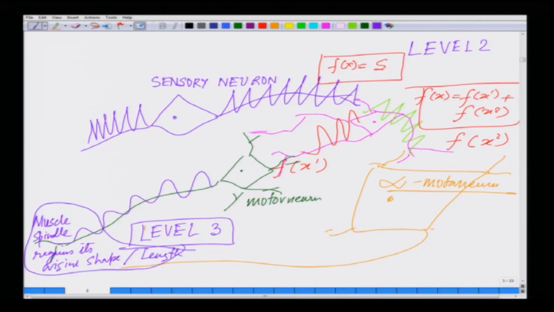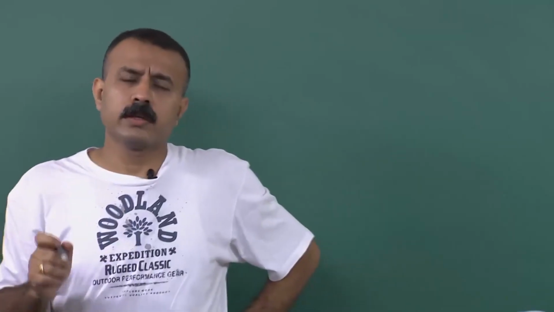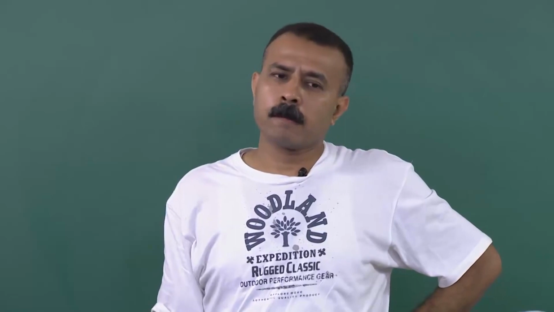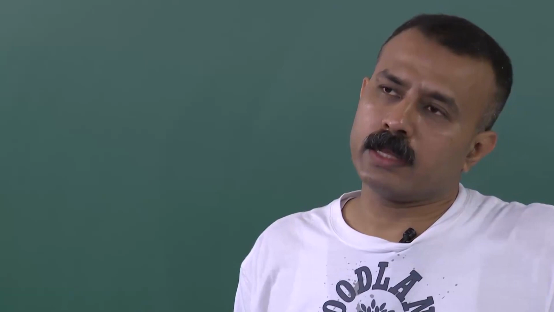Again, how this part of the circuit, the gamma motor neuron, is executing this function is still not very clear. We know the end result, that is how it does, but the real mechanistic details are still not very clear. Instead, the other part of the circuit where the alpha motor neuron is regulating the muscle length is much more clear. Okay.